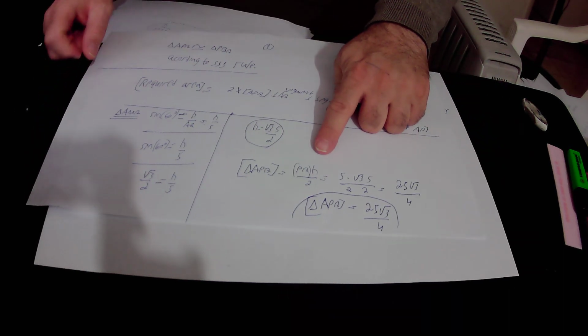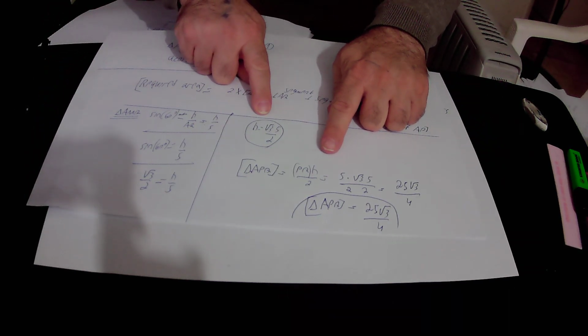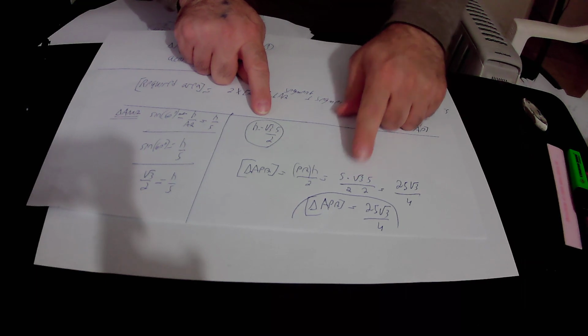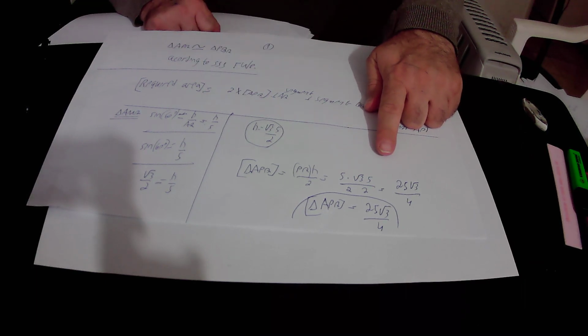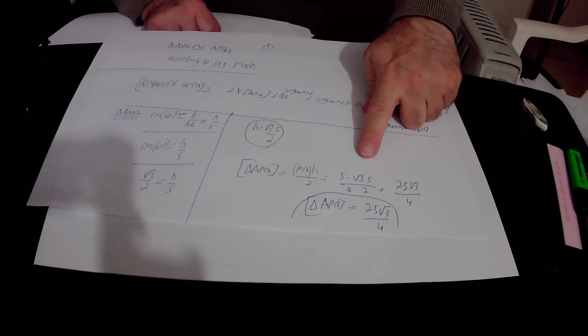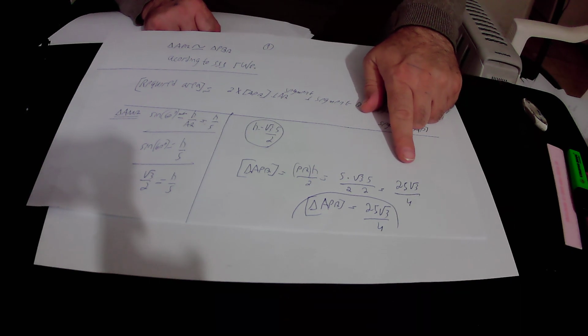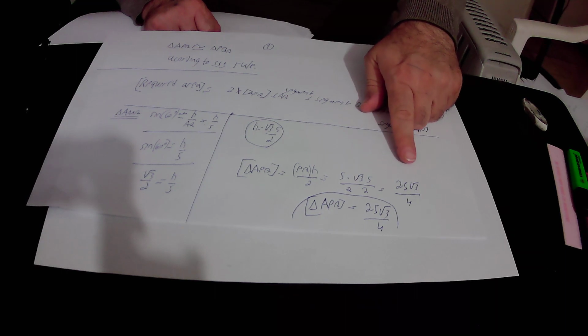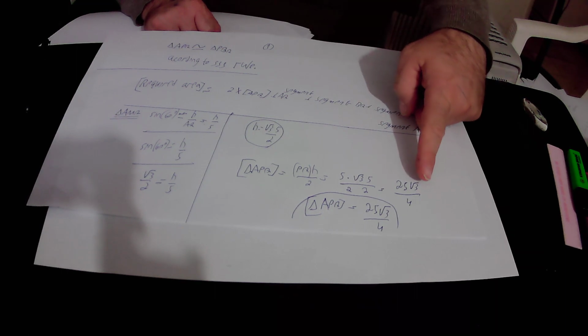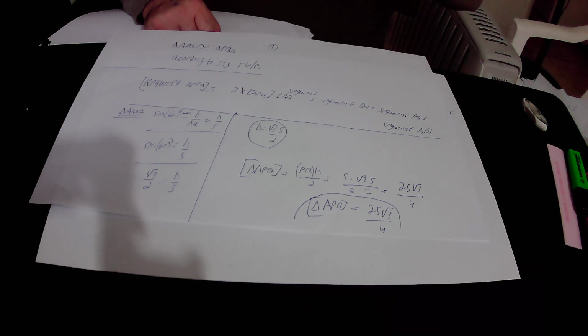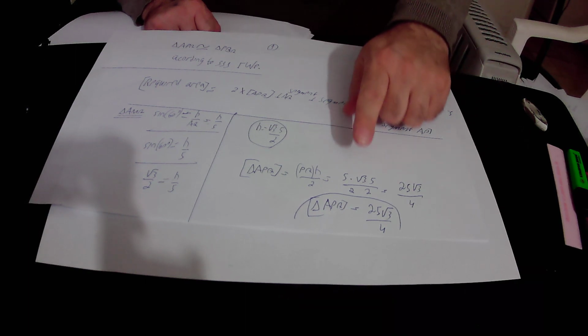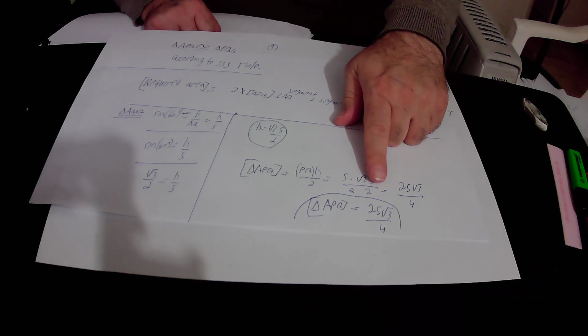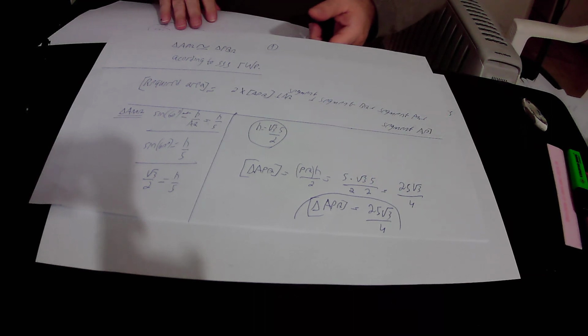The height we already found out equals square root of 3 times 5 over 2, all divided by 2. So here 5 times 5 is 25, so in the numerator we have 25 times square root of 3, and in the denominator we have 2 times 2, that is 4. So in conclusion, the area of triangle APQ equals 25 times square root of 3 over 4 square units.